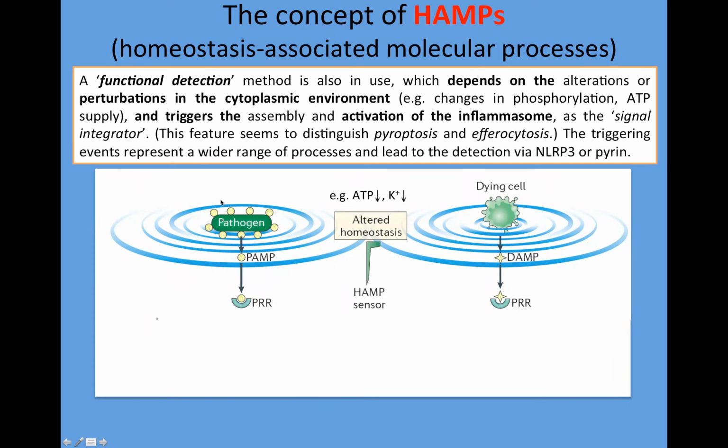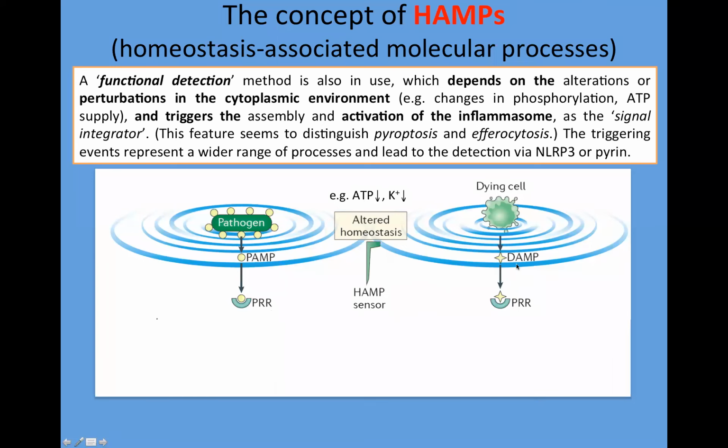It means that while the pathogens or the tissue injuries will release DAMs or PAMs, and they will be sensed by the pattern recognition receptors, we also have HAMs. For example, the ATP level will drop in the cells, the potassium level will change.